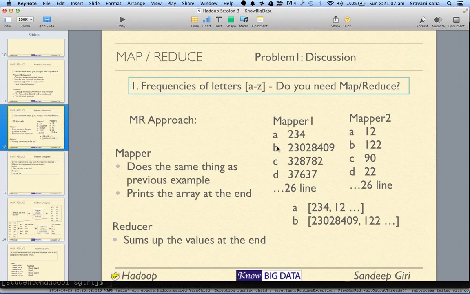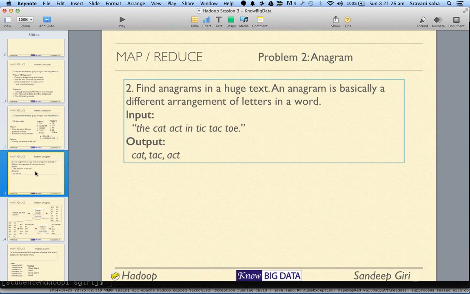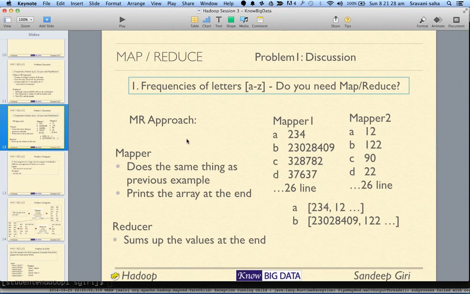Mapper one will give the frequencies of letters A to Z. Similarly, mapper two will give its frequencies of letters, and then after that the reducer sums up at the end. Now that was straightforward, right? Because each mapper will give out these numbers and then you sum it up.